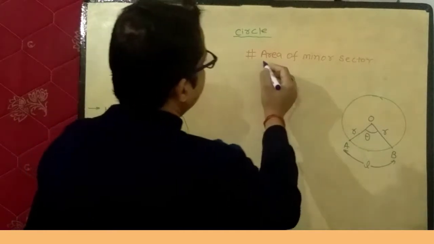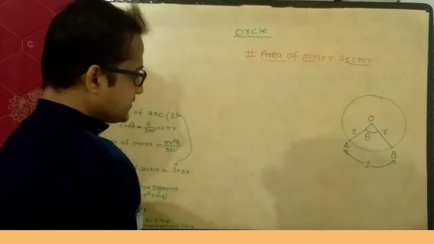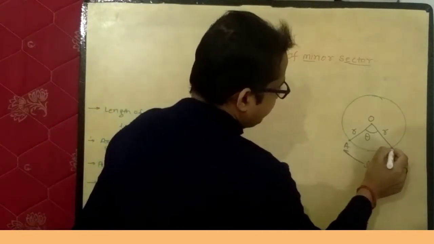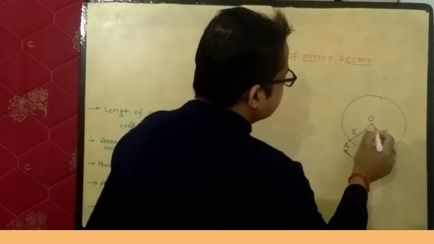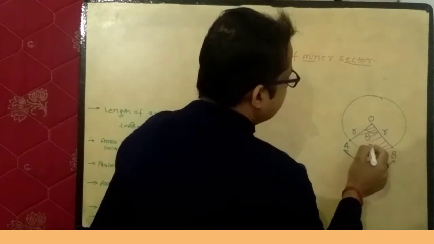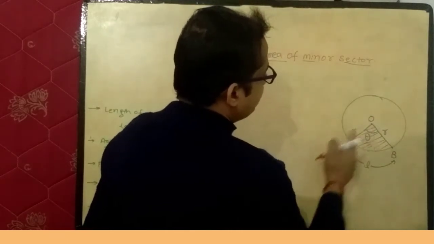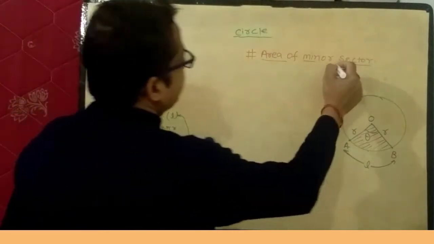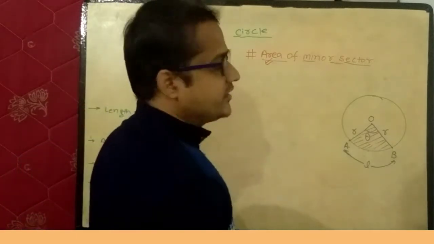So now we have to find out the area of the minor sector. This is the region which is bounded between this arc AB and these two radii, this region OABO. This region is the minor sector and you have to find out the area of this minor sector.